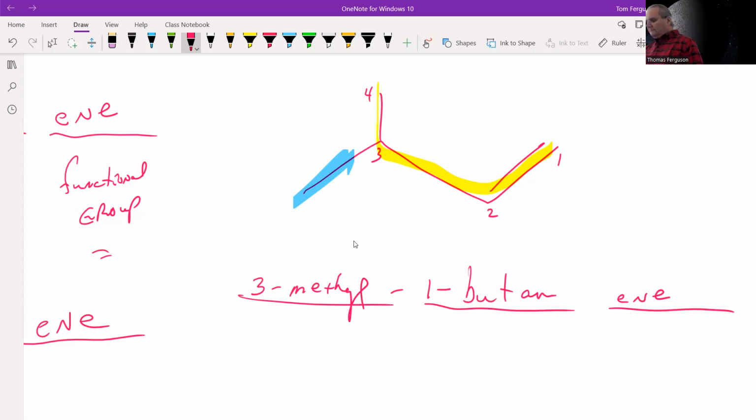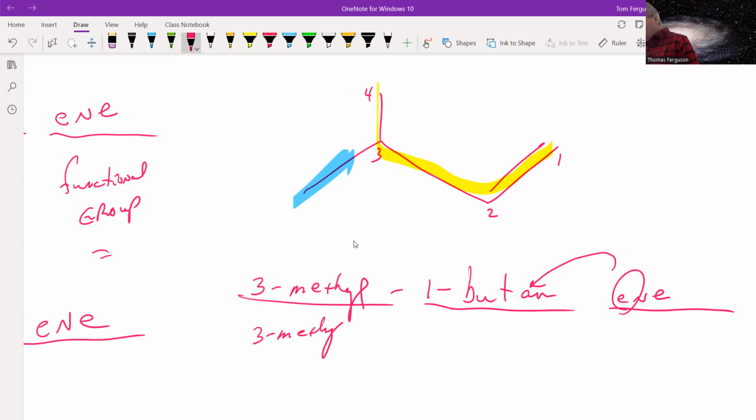Now normally we're going to replace the A with the ene. And it's only for double bonds. Replacing the A. Normally it'd be a buta, but because it's a double bond, it's going to be a butene.